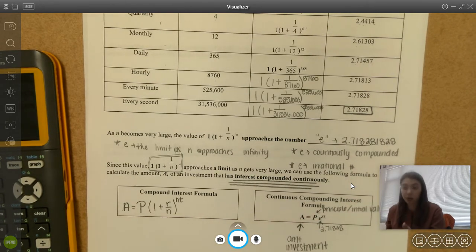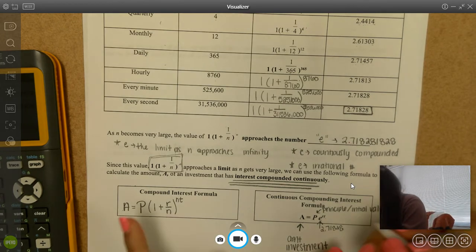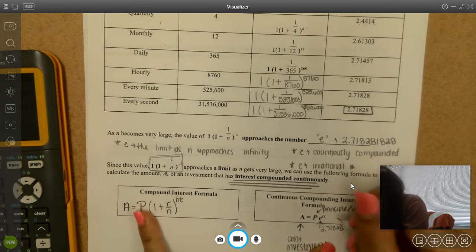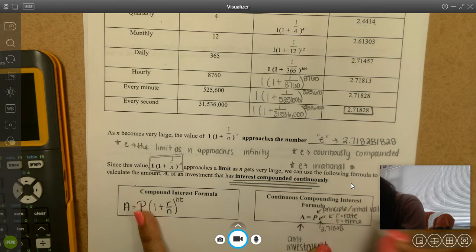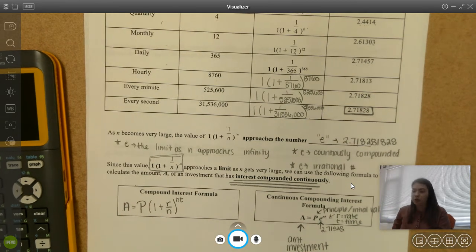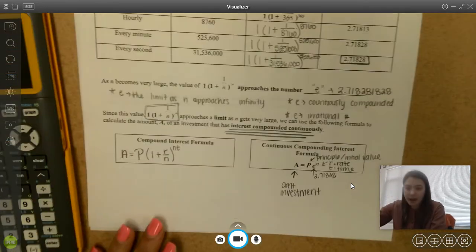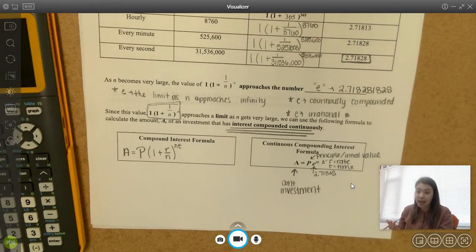Okay, we're going to learn more about E in the coming days, but E is crucial to us. And then it's also important to know R is still the rate and T is still the time. Okay, and it is important to notice that your R value, your rate, and time, now they're both in the exponent.